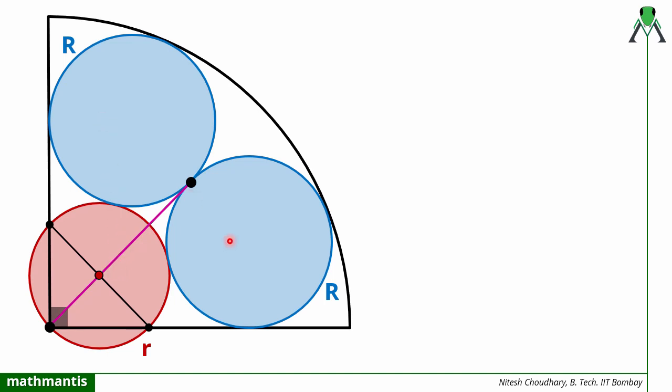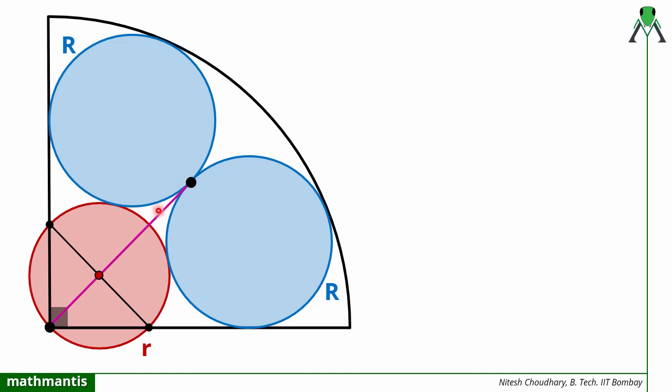Since these circles are of equal radius, this portion here and this portion here will be symmetric, and we can see that symmetry from this diagram. So this center will lie upon the line joining the center of this quarter circle and the point of contact of these two circles of capital R radius.